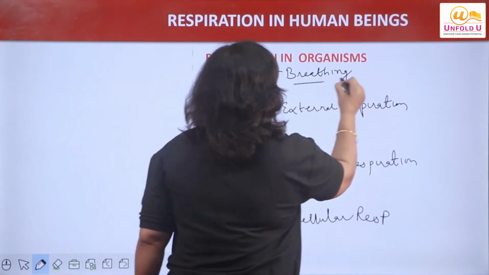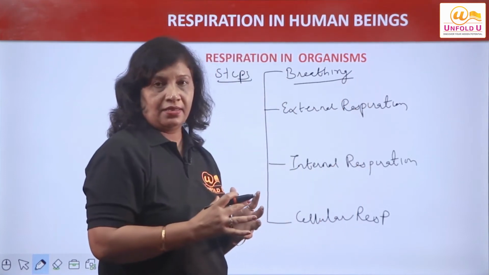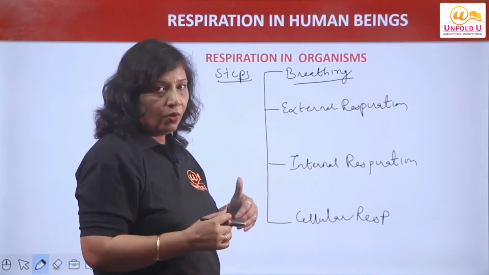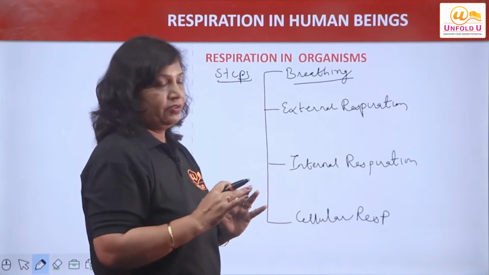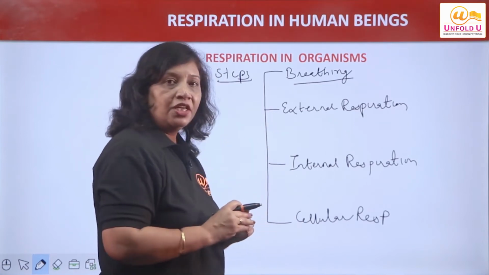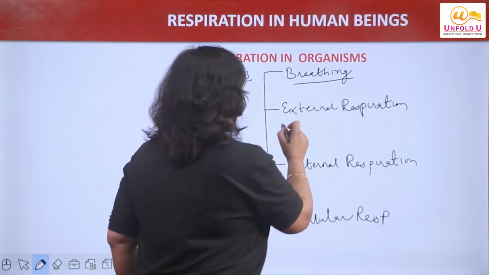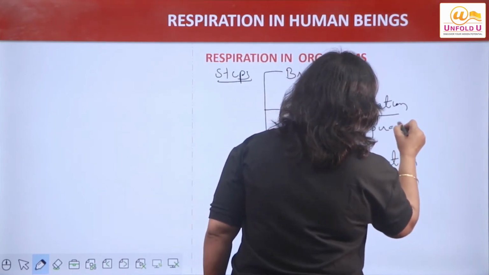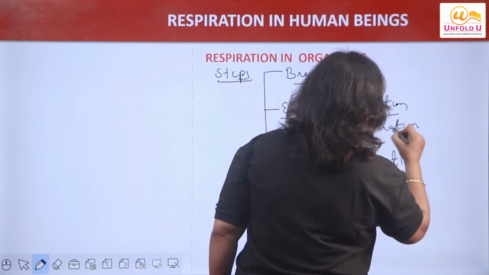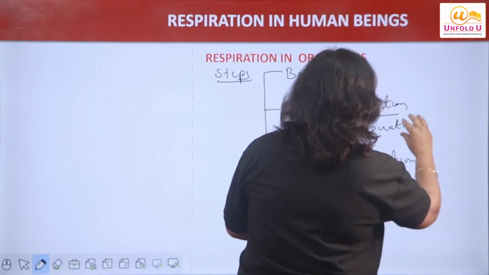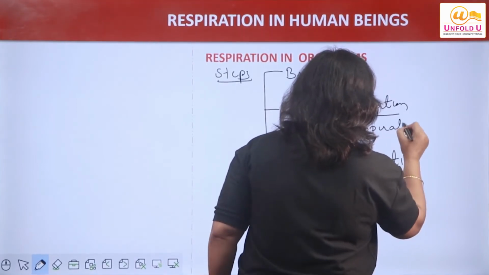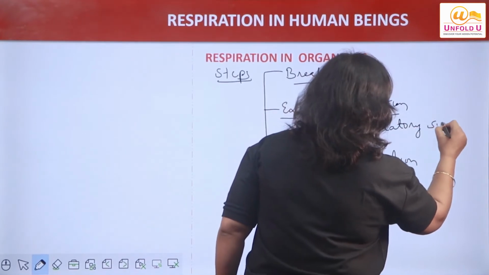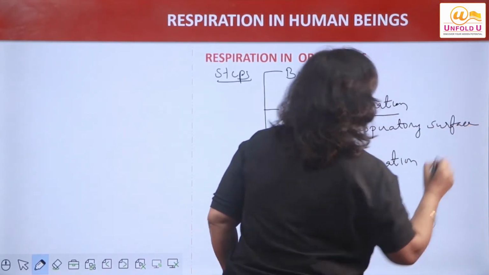Breathing means simply the exchange of gases with the outside medium, that is, oxygen and carbon dioxide. External respiration is when the gases are exchanged at the respiratory surface, that is, inside the lungs.